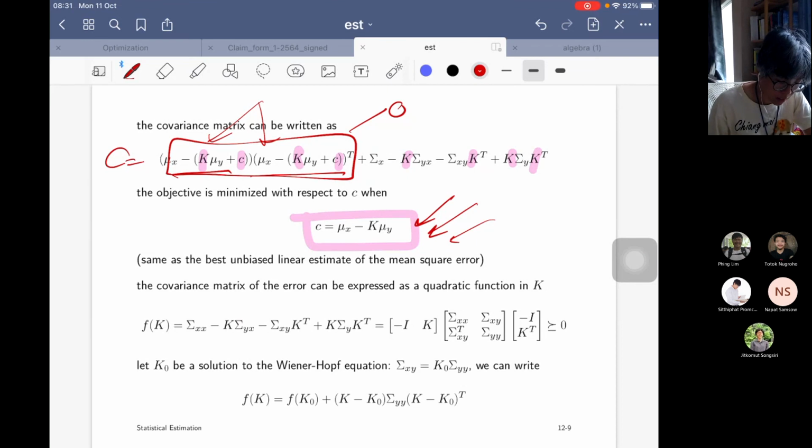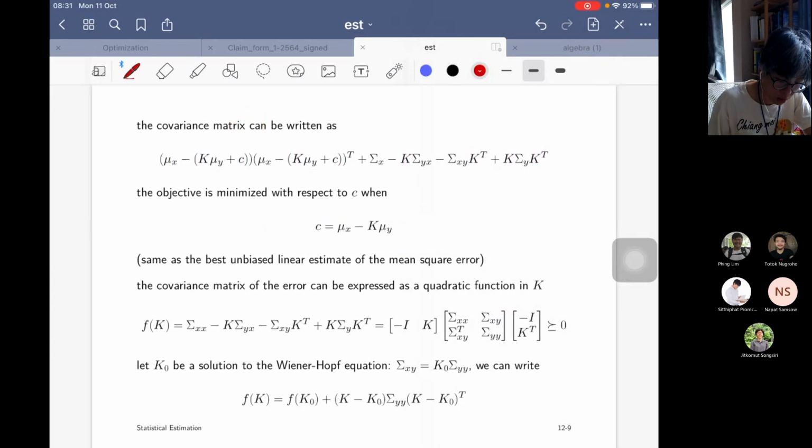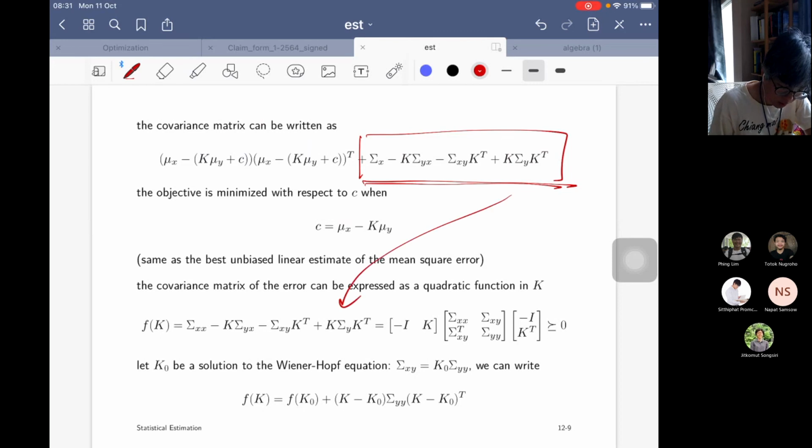All right, now you have determined C, the only term left is to pick K such that the covariance is minimum in the matrix sense. We arrange this term using some algebra.